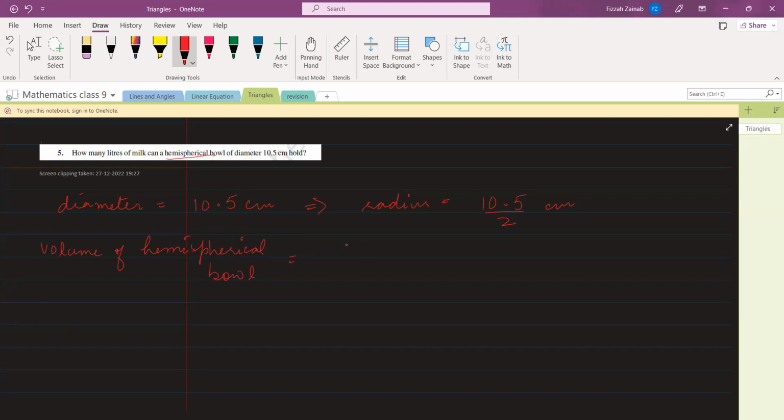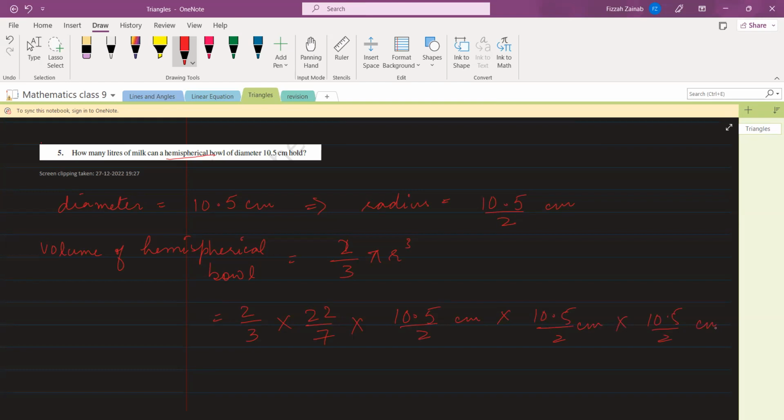So this is half of a sphere. That means 2 by 3 pi r cube. So 2 by 3 into 22 by 7 into r, so 10.5 divided by 2 centimeter. Right? Okay.